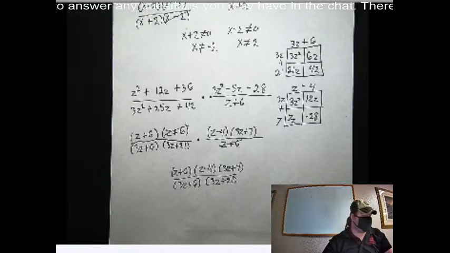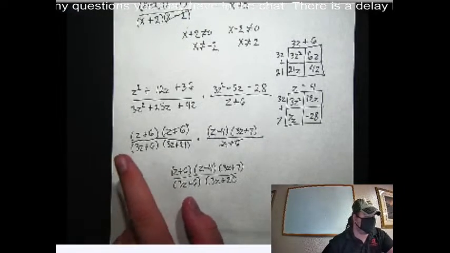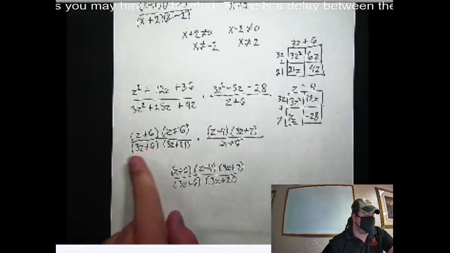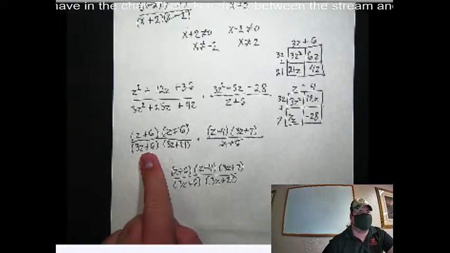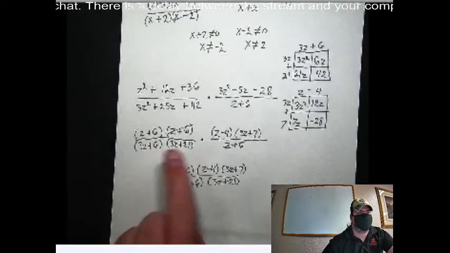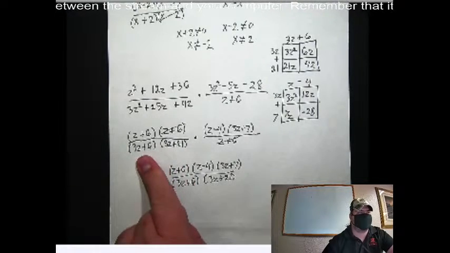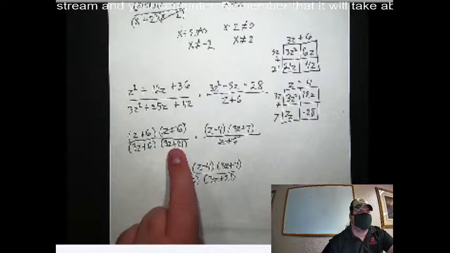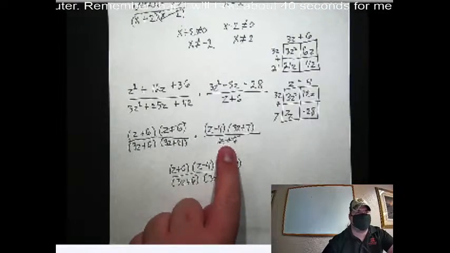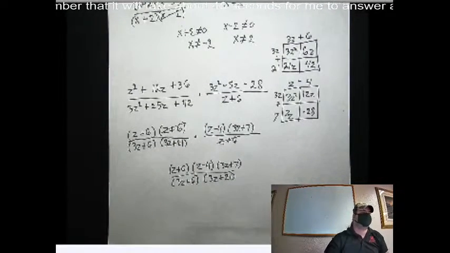And just for time's sake, let's see, this would be Z cannot equal 2. I'm sorry, that'd be negative 2. Z cannot equal negative 7, and Z cannot equal negative 6.